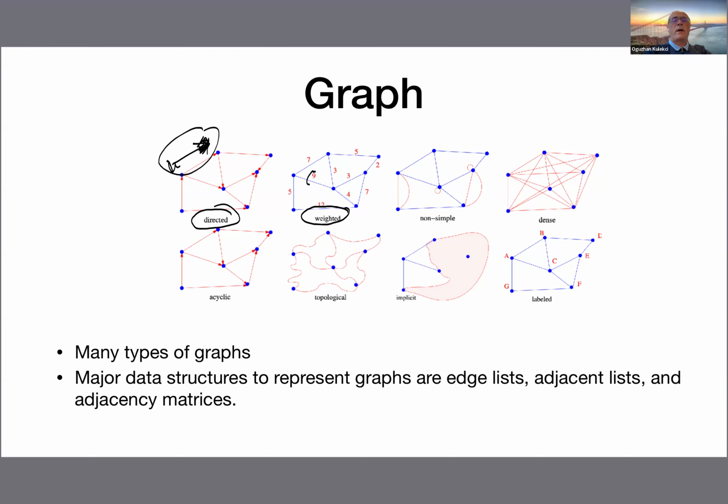Each edge might have a weight on it, then this is called a weighted graph. If there is only one direct connection between two nodes, it's a simple graph. If there are multiple possible connections between two vertices, this is called a non-simple graph.